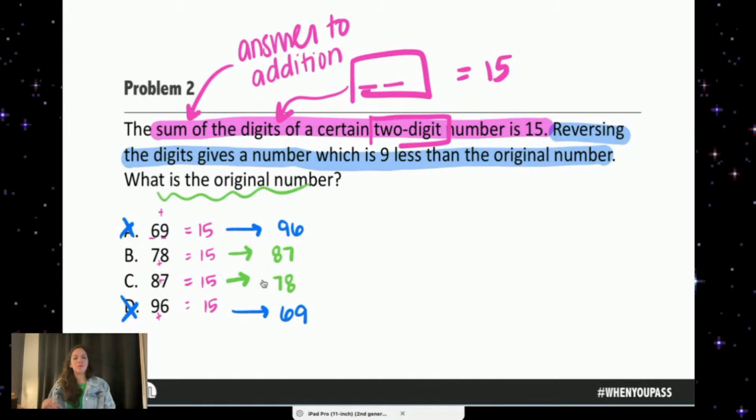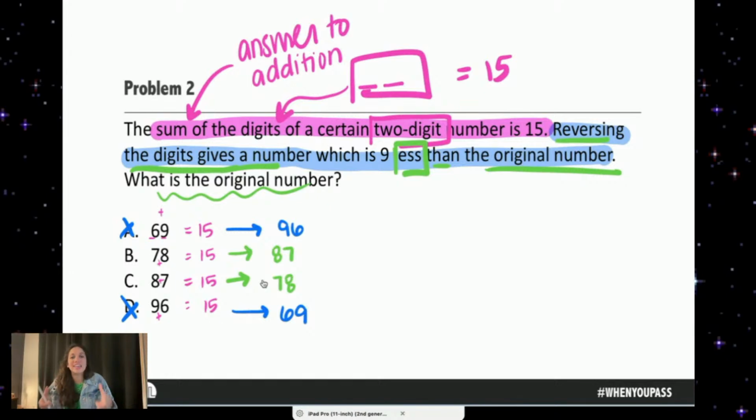If I reverse the digits of the original number, it gives me a number that is less than the original number.